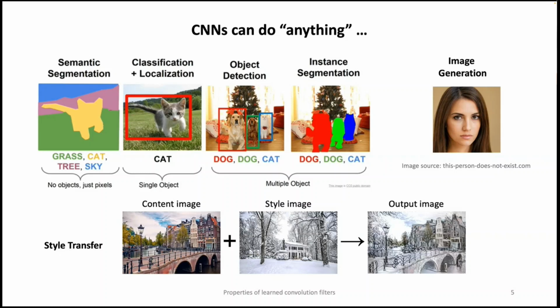Here you have an input image, for example, a photograph of Amsterdam, and you give it a style image, which is in this case an image of a house in winter. And then you ask the network to transform the original input image into an output image that mimics the style. So in this case, you see Amsterdam in winter.